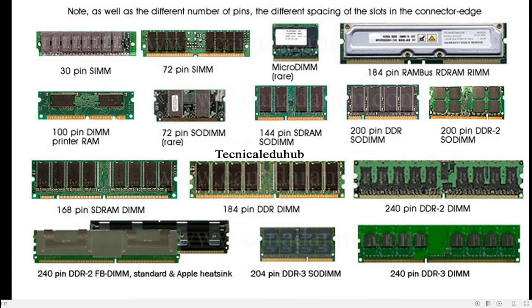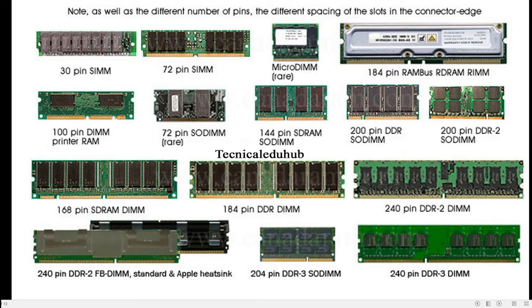So this started off with DDR sort of 1 RAM, and then it went to the 184-pin. And then down here we've got the DDR technology, which is 168-pin, 184-pin, and 240-pin, where we started with DDR2.